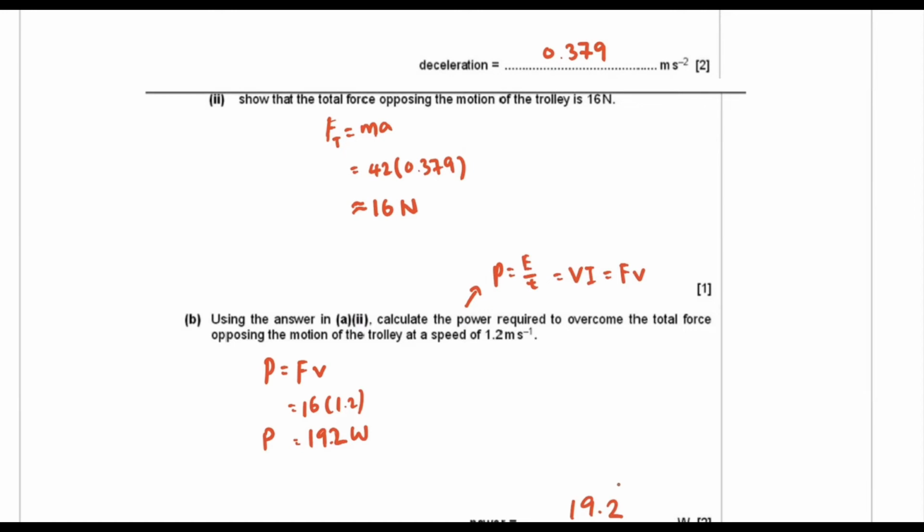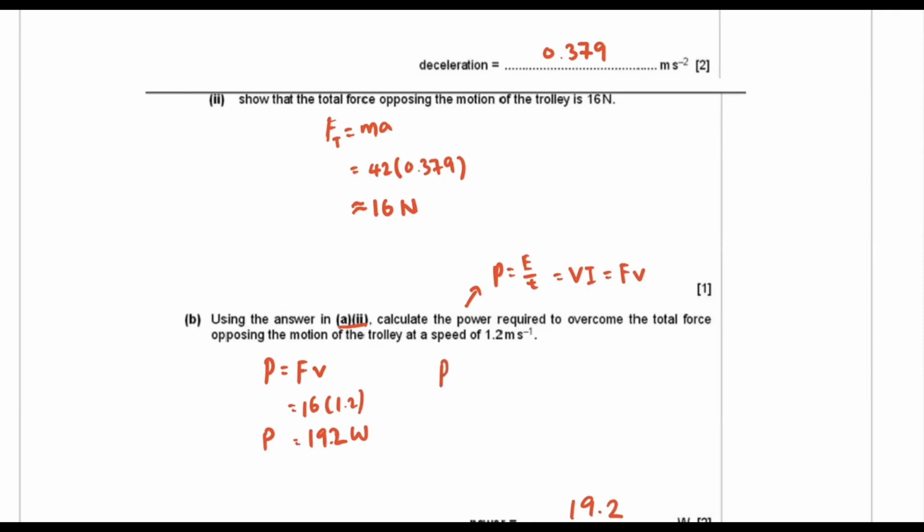Why can I not use work done over time? Because they say use the answer in A2, so that's why we use 16 Newton to continue. But if you use work done over time, can you use force times the distance, which is 1.9, then you divide by time?